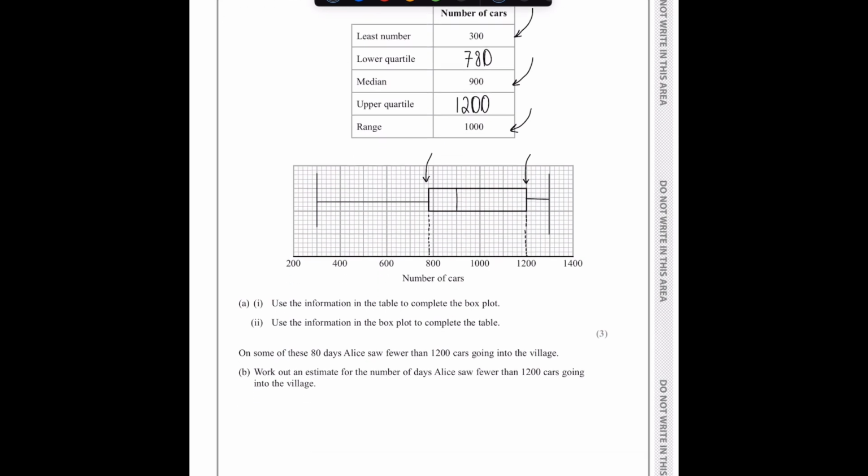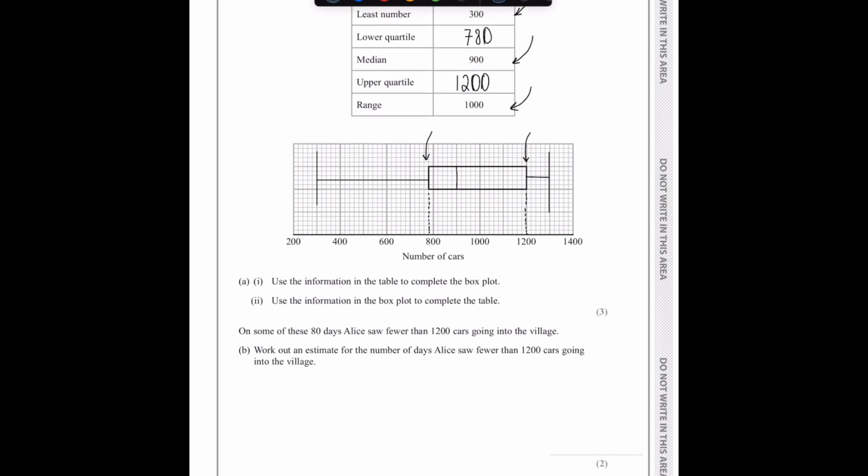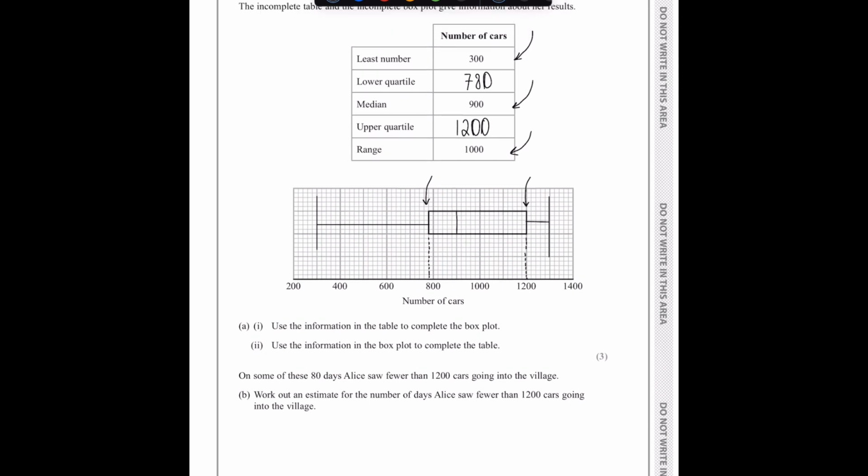Moving on to part B now, it says, on some of the 80 days, Alice saw fewer than 1,200 cars going into the village. Work out an estimate for the number of days Alice saw fewer than 1,200 cars going into the village. So the first thing that comes to mind is 1,200, that's our upper quartile.